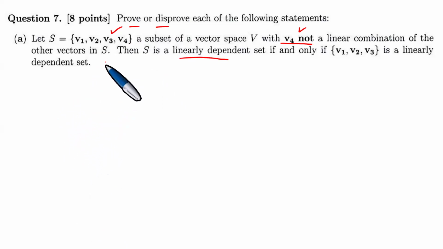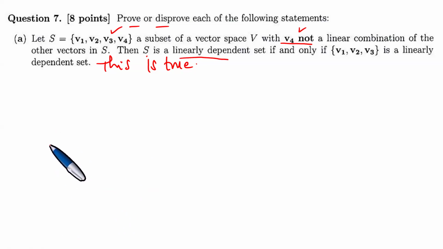You say first that this is true or false, so the lecturer will know that if it's true you are writing a proof, and if it's false you are disproving by getting a counterexample. This becomes a very logical way to reason this out.